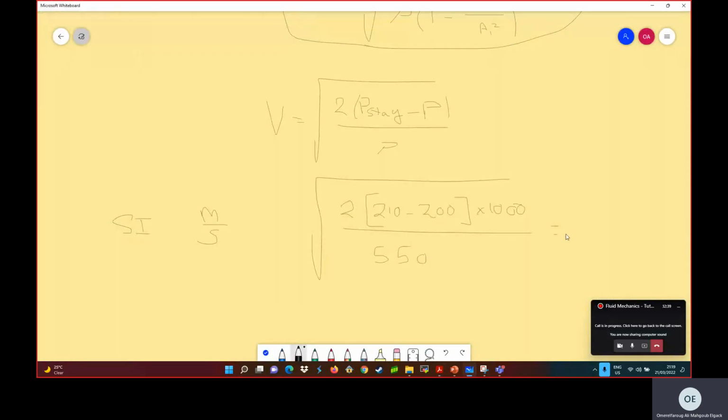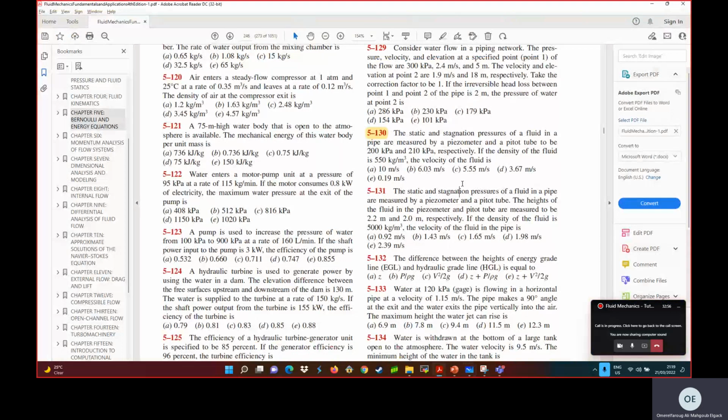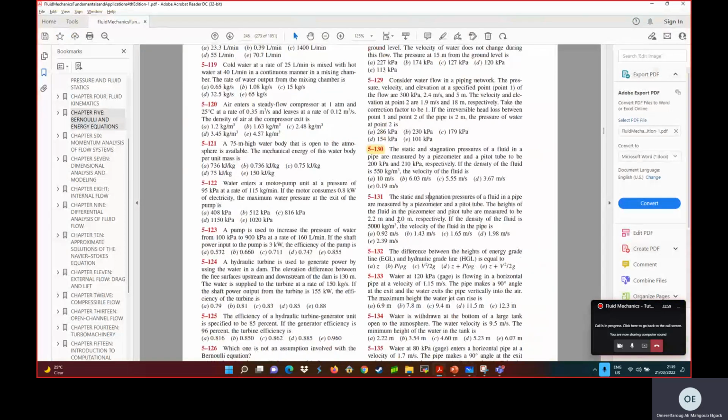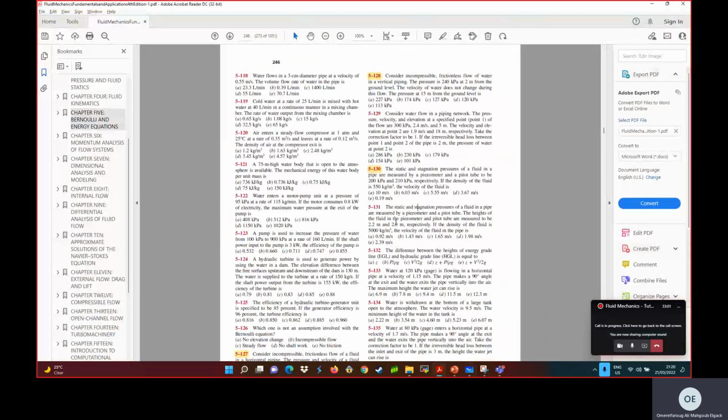Then you have the square root of 2 times 1000 over 550, which gives 6.03 meter per second, which is here. So this is also one form of the questions that may come.